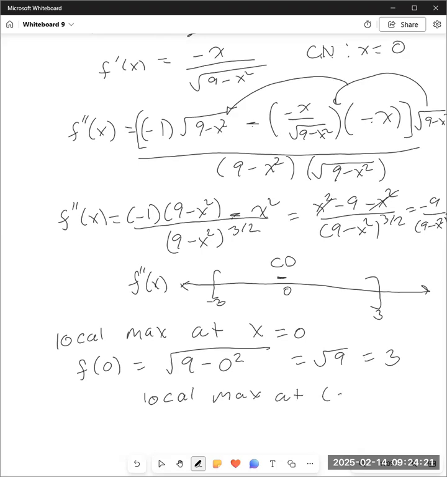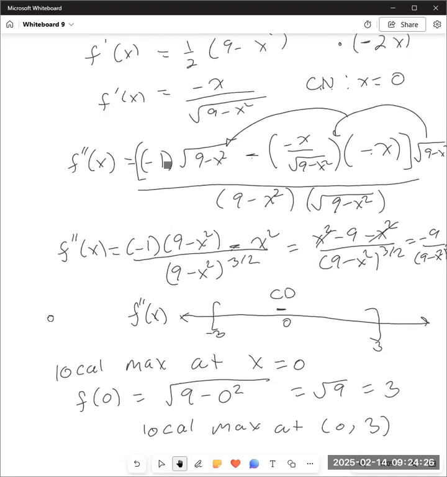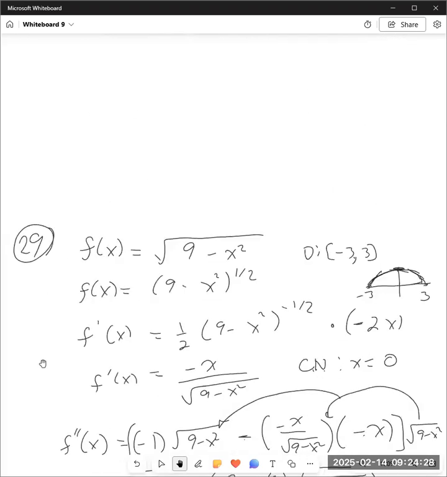at 0, 3. And that makes sense because, like I said, it's the top half of the circle whose equation could be written as y squared equals 9 minus x squared, x squared plus y squared equals 9, which is 3 squared.